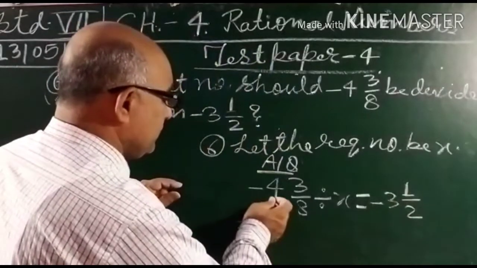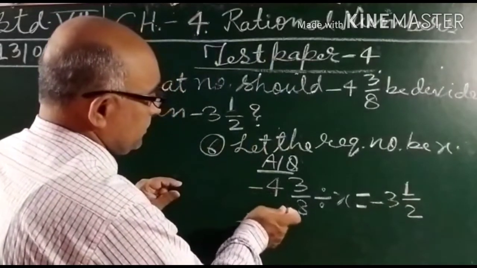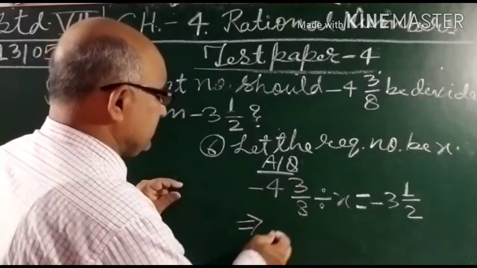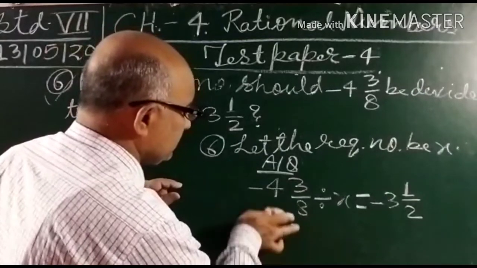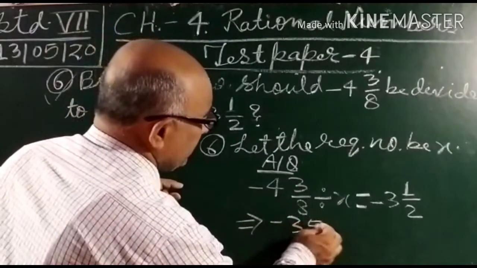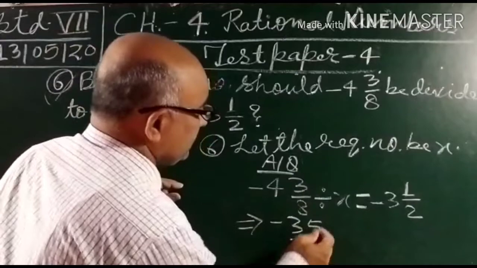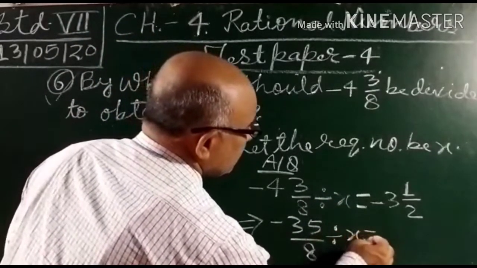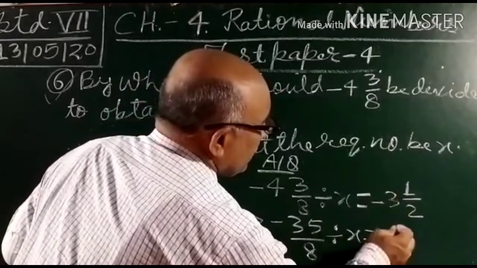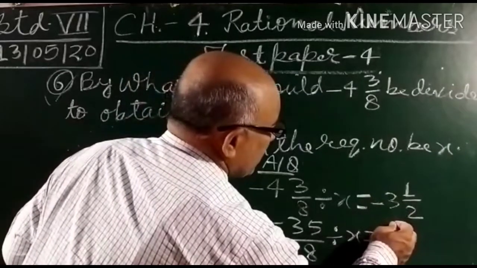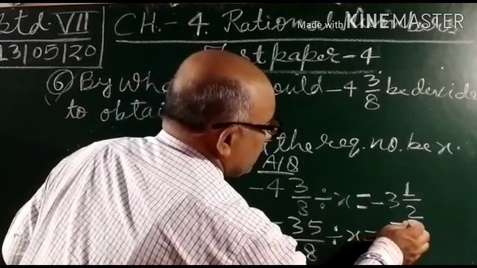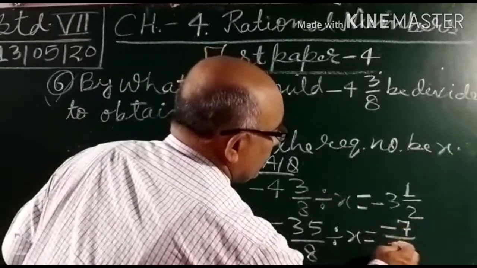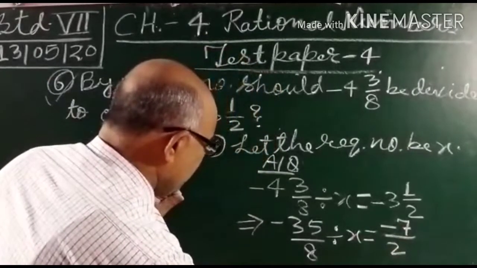That implies -4 8s are 32 plus 3, -35 by 8 divided by x equals 3 2s are 6 plus 1, -7 by 2.